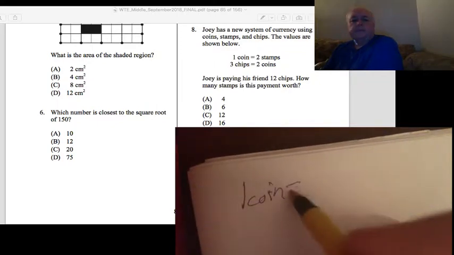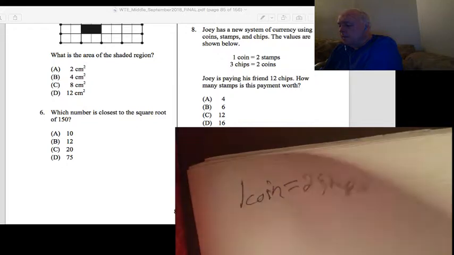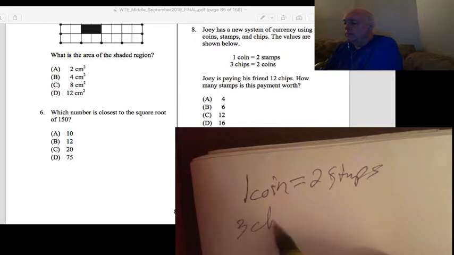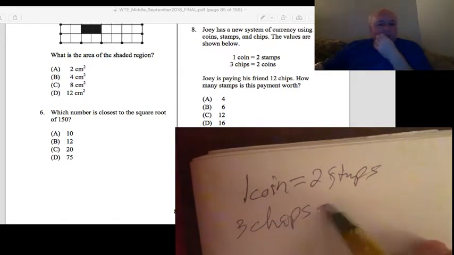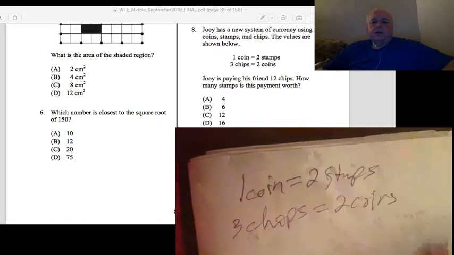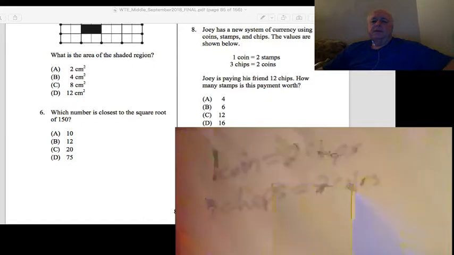Okay? And 3 chips is equal to 2 coins. So that's what our givens are. They're asking us, if Joey pays his friend 12 chips, how many stamps is this payment worth?